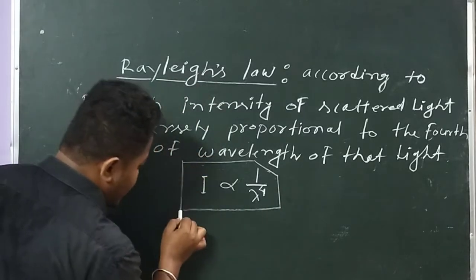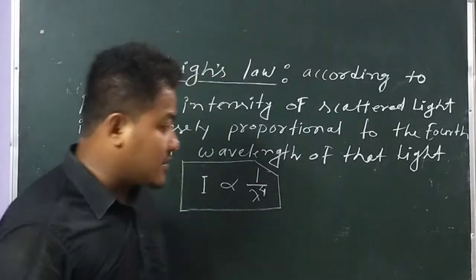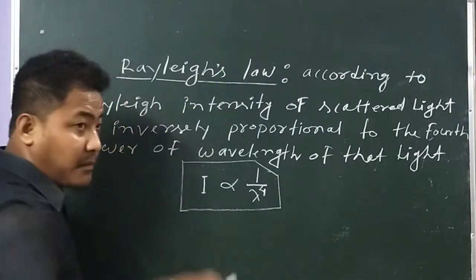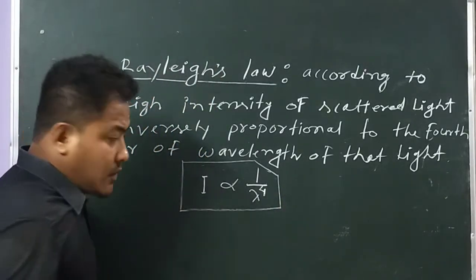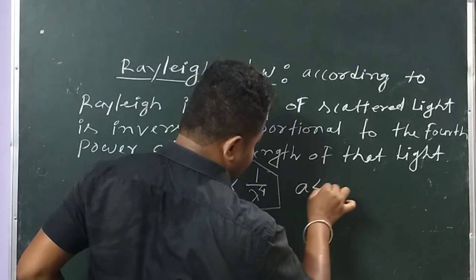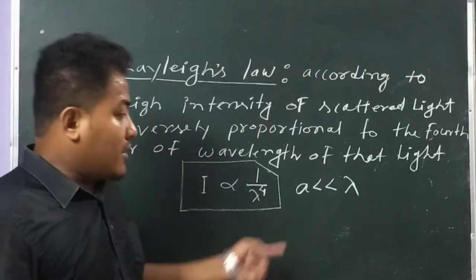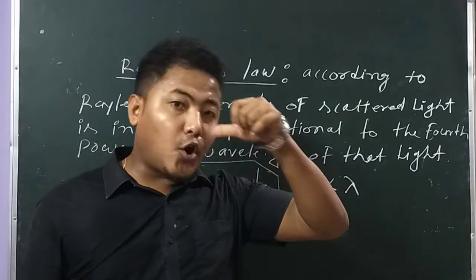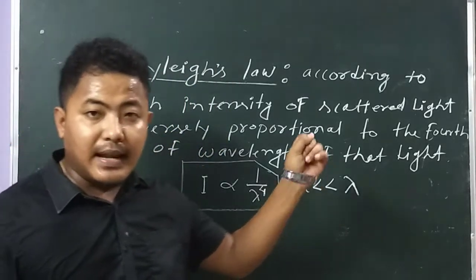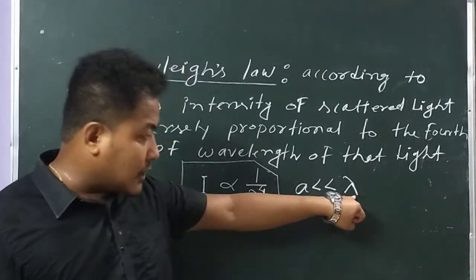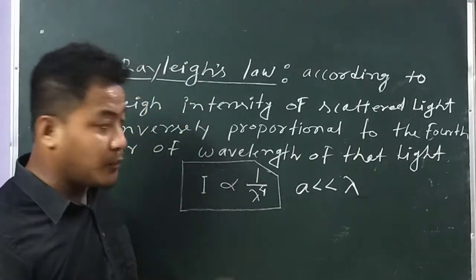Something very important you should know. In this case there is a condition that the scattering particles present in the atmosphere should be smaller than the wavelength of that light. Remember this point: the particles might be atoms and molecules of the gases, and they should be smaller than the wavelength of the scattered light, otherwise this formula will not be valid.